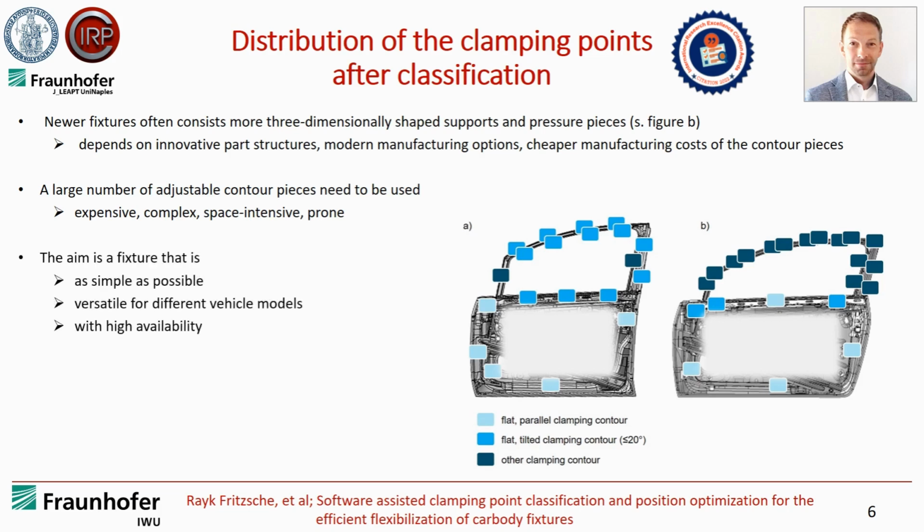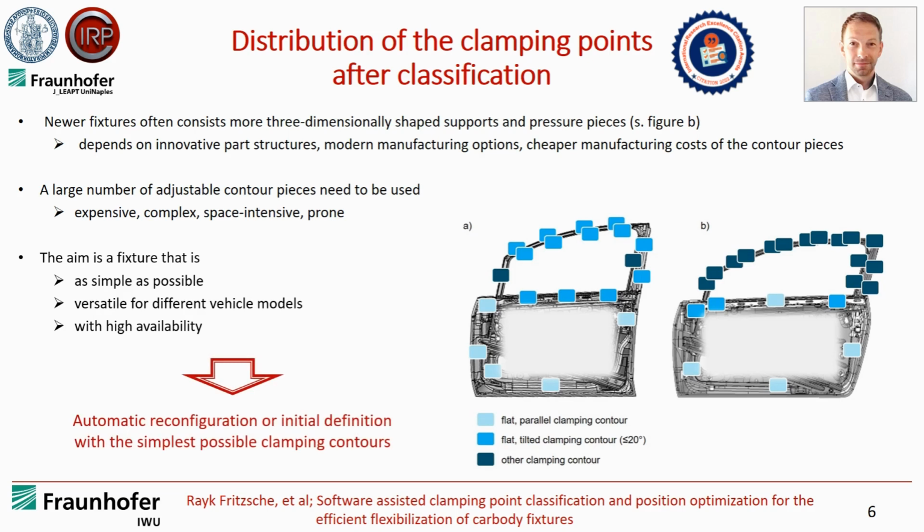So the aim is that we get a flexible fixture which is as simple as possible, versatile for different vehicle models, and also with a high availability. Therefore it's necessary that we use simple clamping contours and simple supports.